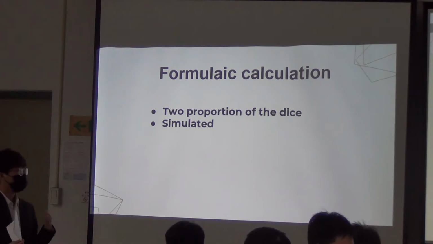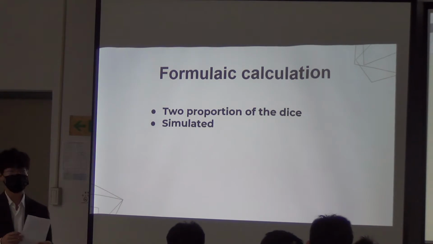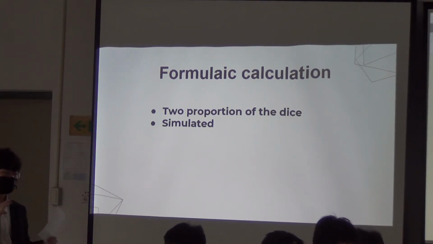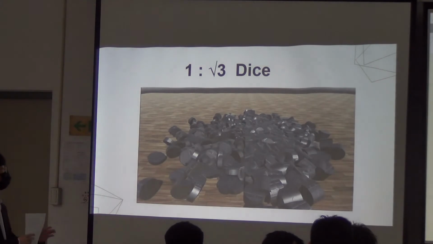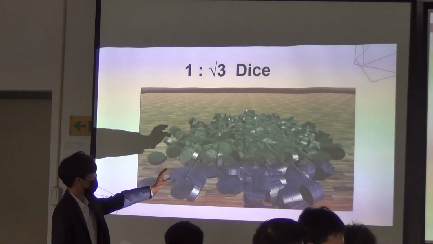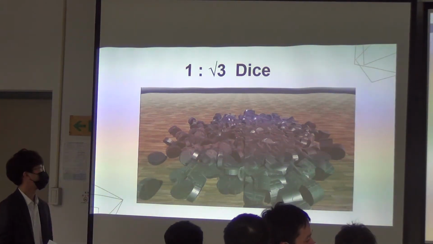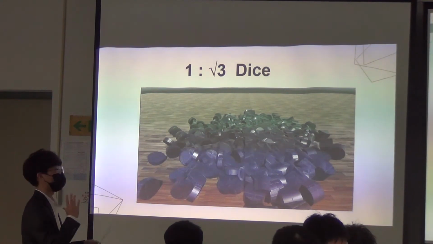So I use a gaming engine which can simulate extremely similar to the real world. It is made by Unity. You can ignore the little gap in the middle because the computer cannot show too many dice at once in the simulation.